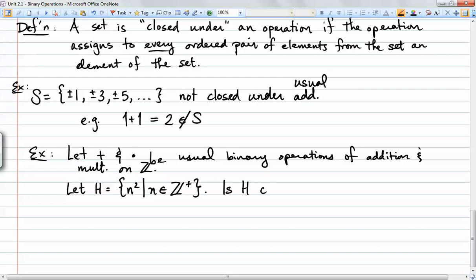Is H closed under addition? And is it closed under multiplication?